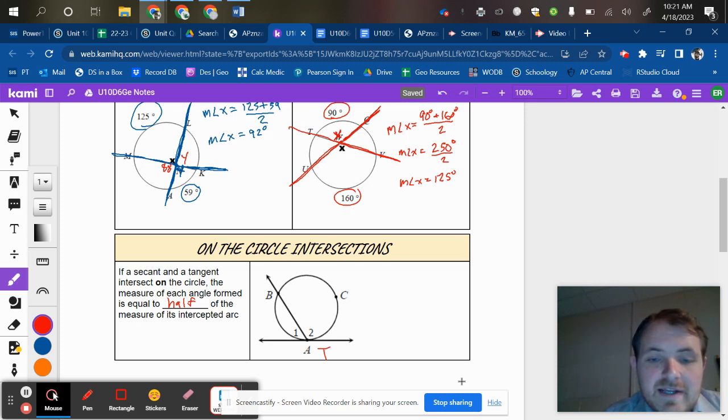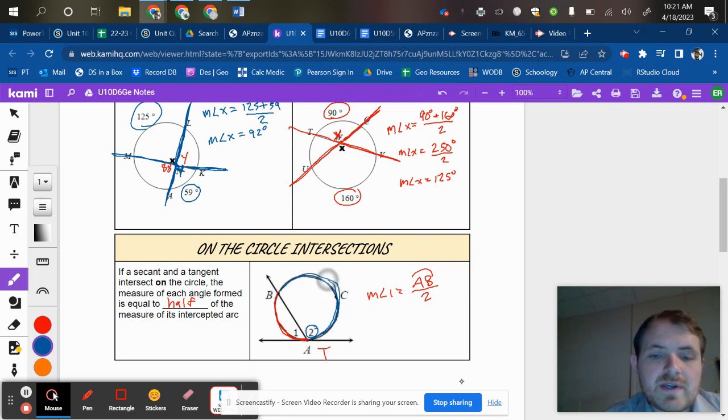So the arc that got created by angle 1, it's kind of hard to see here, but it's right there. So the measure of angle 1 is just that arc AB, not the line AB, but the arc AB, all divided by 2. Similarly, for angle 2, the arc that got created was this big one right there.